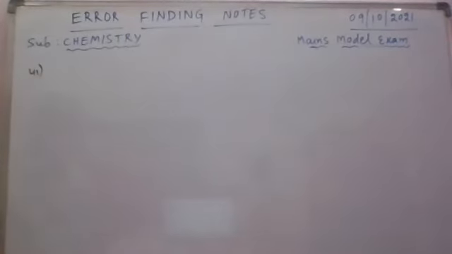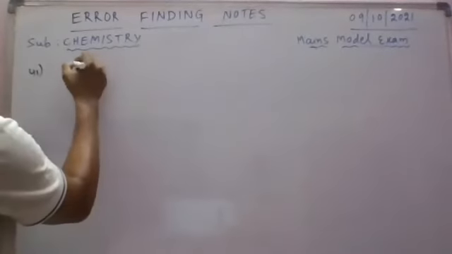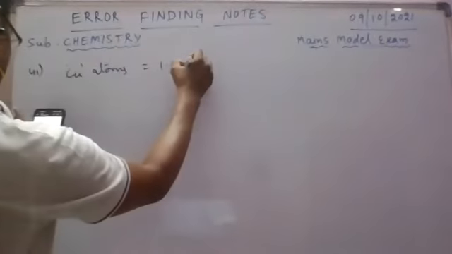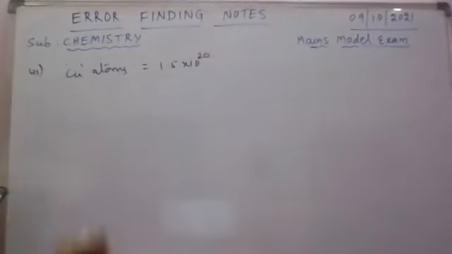Question number 41. Here bell metal contains 80% copper. We need the mass of bell metal which contains copper atoms equal to 1.5 into 10 to the power 20.